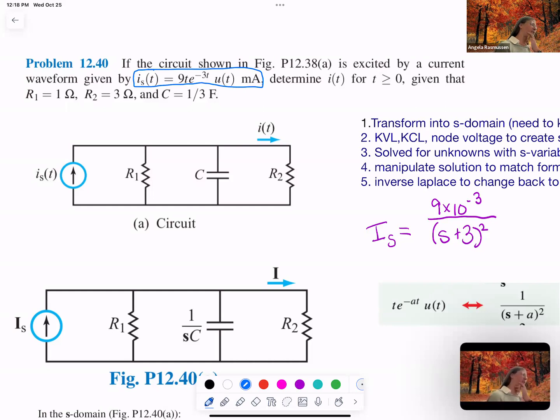So from this, what value will you use to find the initial voltage for VC?